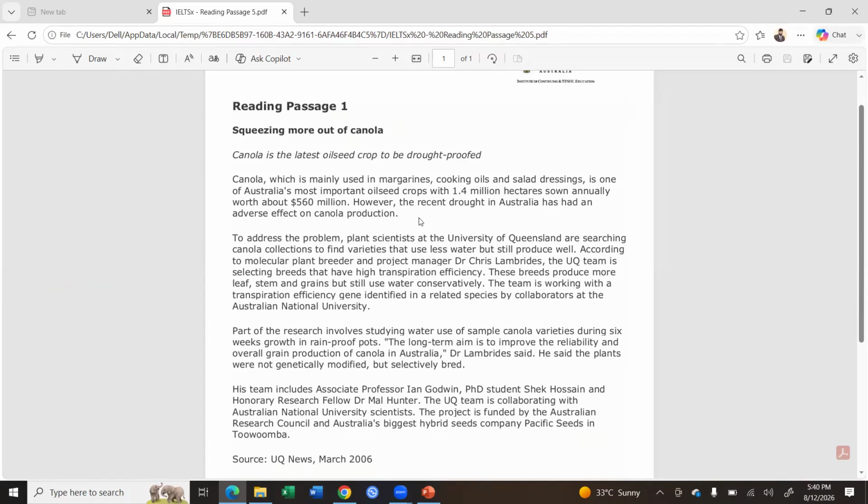Sir, there is recently a drought in Australia because of which the researcher wants to discover some new varieties of the canola seed in which there will be no more use of water. That's why he is funded by the Australian Research Council to work on this project. Yes, you are right. But what about Atika's option?